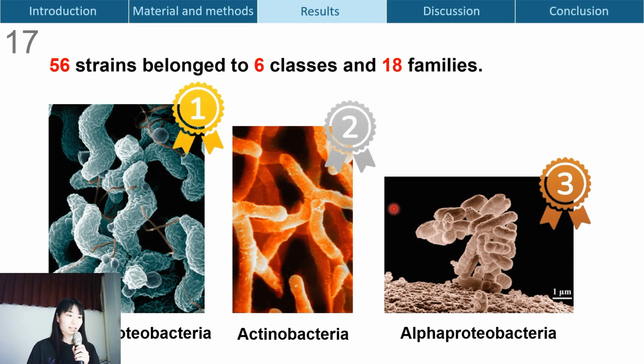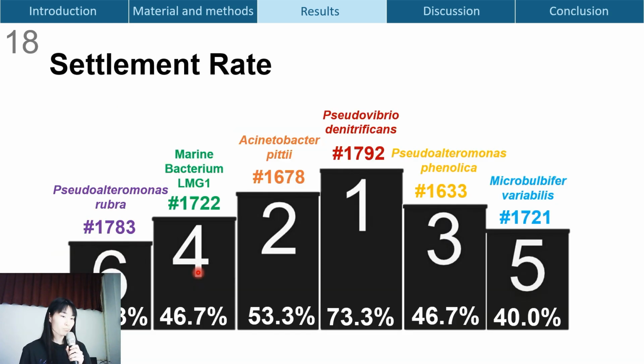And our bacteria has 56 strains, belonging to 6 classes and 18 families, and most of them belong to Gammaproteobacteria and Actinobacteria, then Alphaproteobacteria.